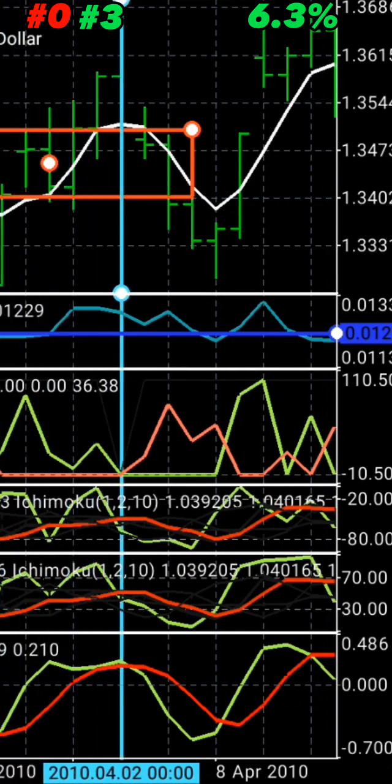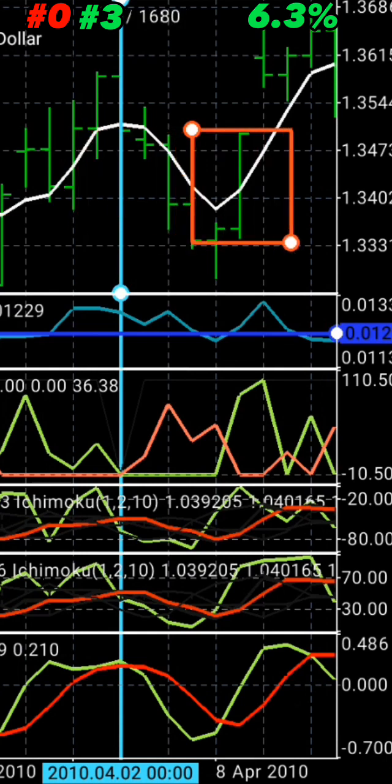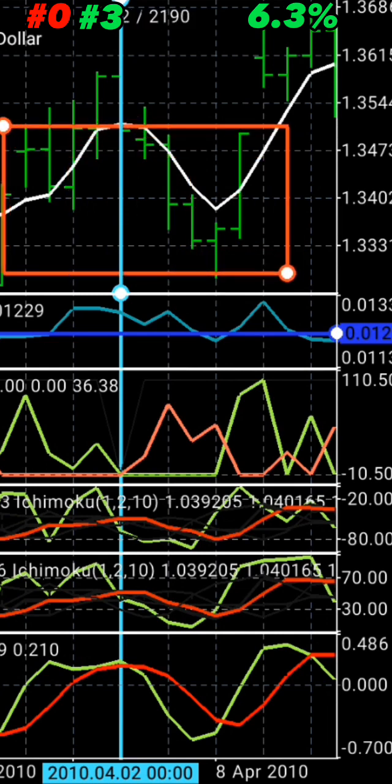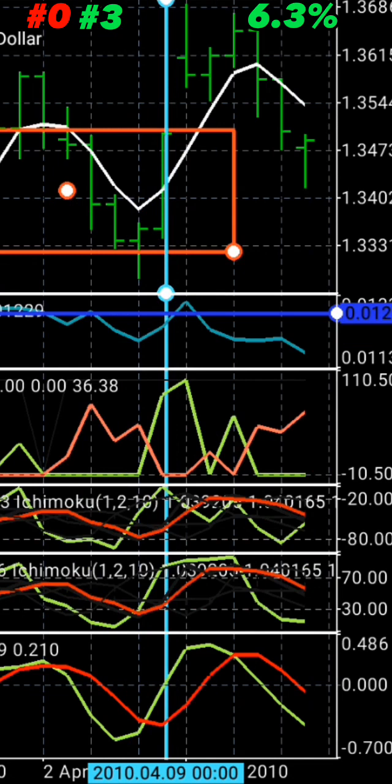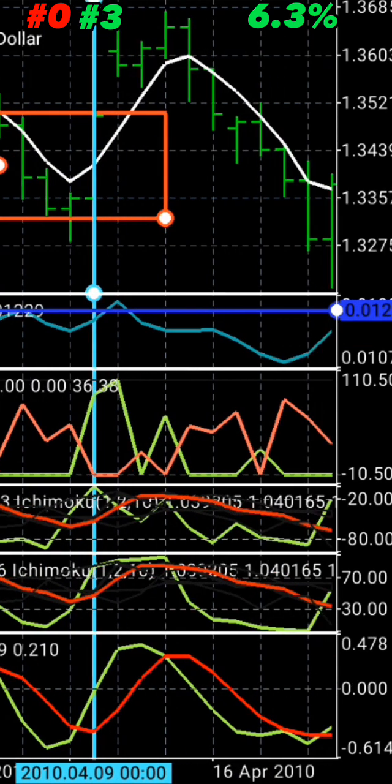So we have a 6.3% account balance in our third trade. How cool is that? So as we go into the fourth trade, we will definitely lock in the first profit because price really goes in our way. Price goes our way.